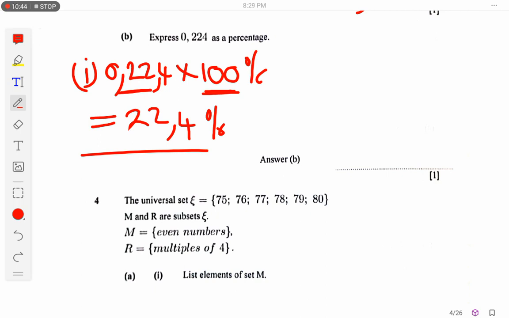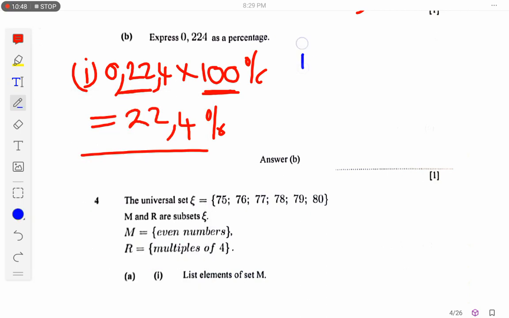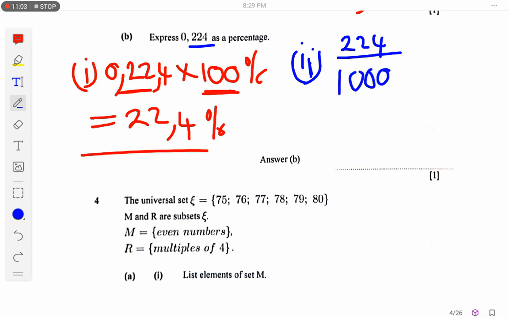Or else, if you want to go the longer way, I can say 0.224 is the same as 224 over 1000, because I have 3 digits there, so 3 zeros. So this is the fraction of 0.224. Then I multiply it by 100.